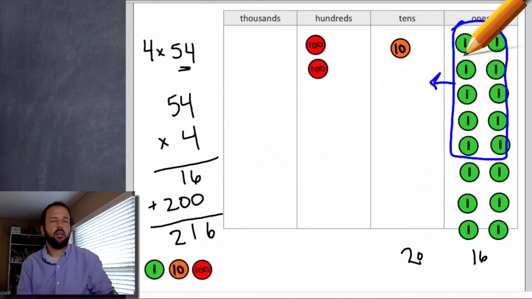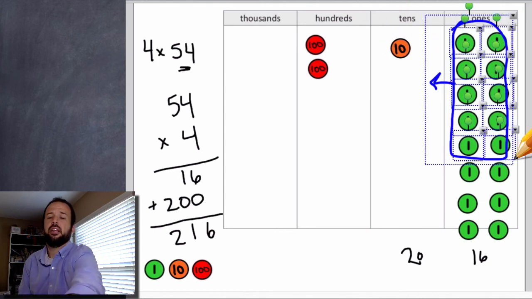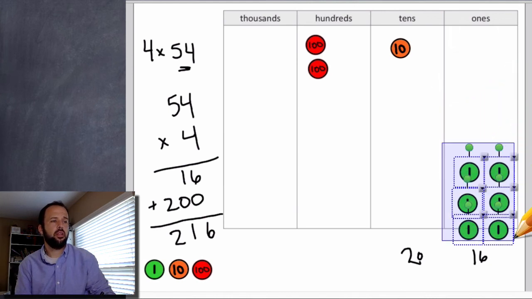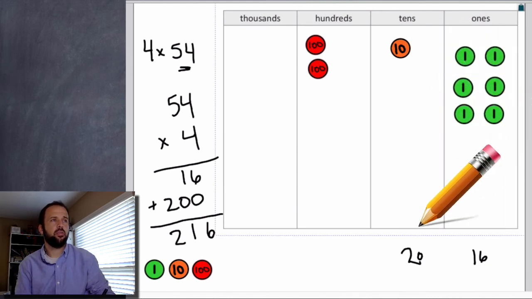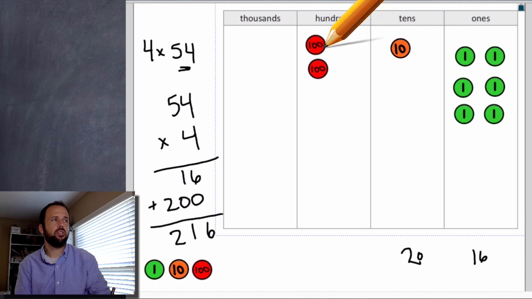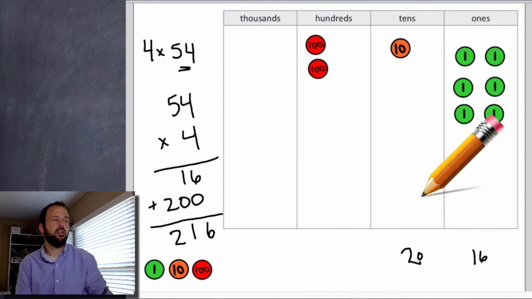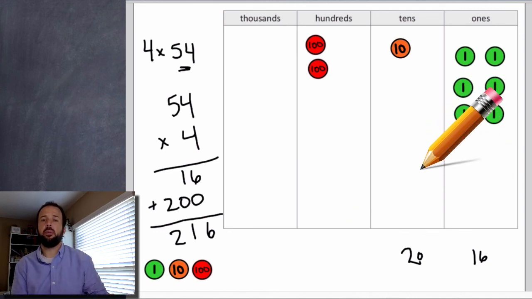Perfect, so those 10 ones would turn into 110, and I can just take them out of the picture. And now I'm left with just these 6 ones right here. So now I have 216, which would match what I had in my answer here. The other way we had it represented, that was still 216. It just didn't quite look the same. We bundled and moved things over to make it work, okay?